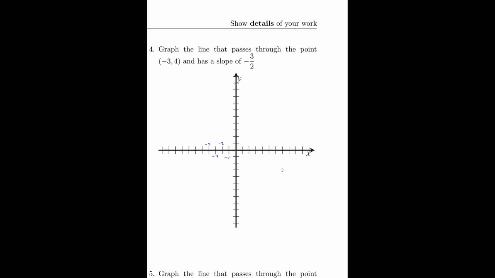Since my handwriting is kind of large, I'm doing it alternating sides here, so we can see what's going on. So -7, and then 1, 2, 3, 4, 5, 6, 7. We'll call that good enough for that direction.